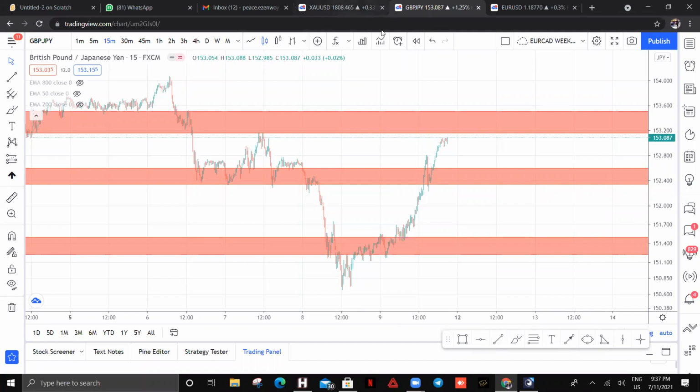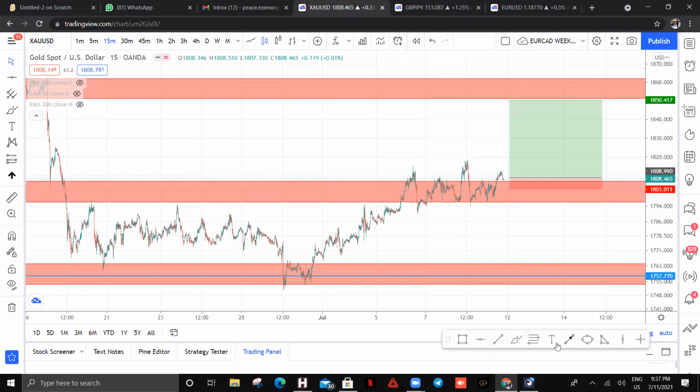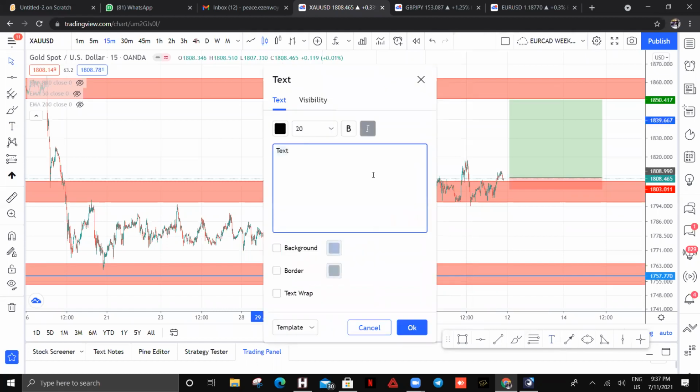Okay, I didn't write anything in gold. Buy opportunity. XAU USD. TP 1845.